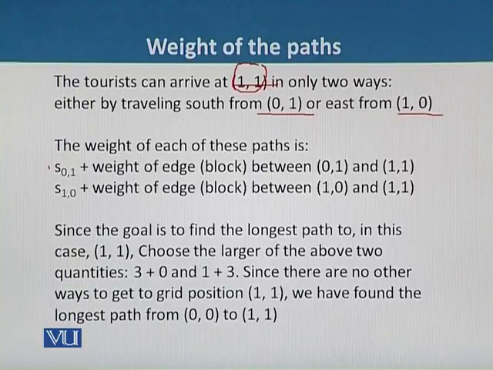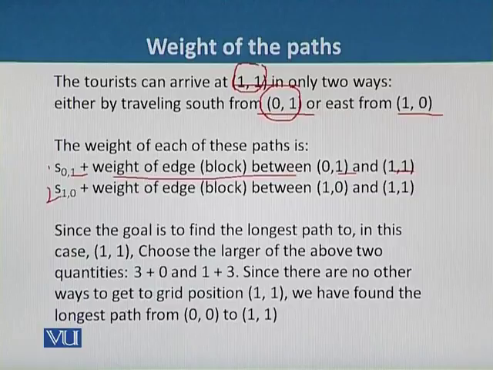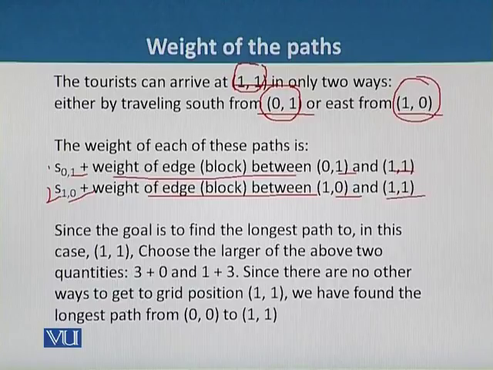Number 1 is S01, and we will calculate the weight of the edges between 0, 1 and 1, 1. And similarly, the second option: consider 1, 0 here, and we will calculate the weight of all the edges between 1, 0 and 1, 1.